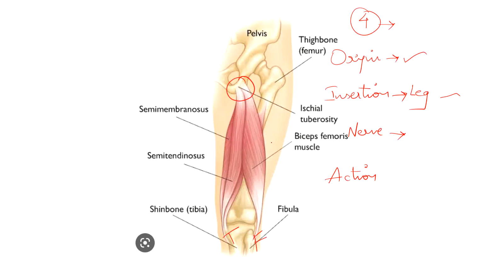All the four muscles are supplied by the same nerve, that is tibial component of sciatic nerve. Action of the muscle. It causes flexion of knee joint, whereas extension of hip joint.